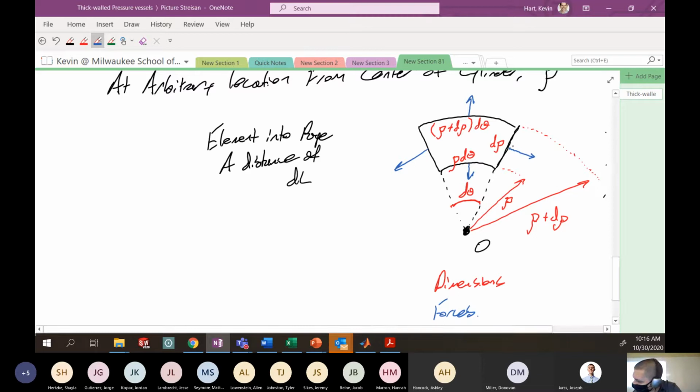So here, notice that we're not at 90 degrees with what would be the R direction. So let's talk about this by summing the forces in the R direction. We'll say that this is just generally the R direction.